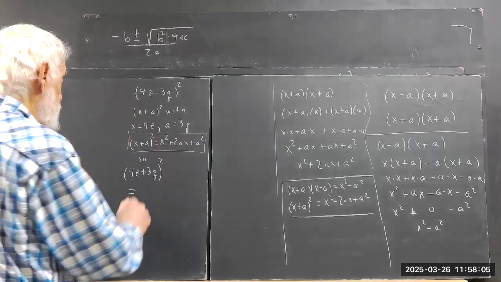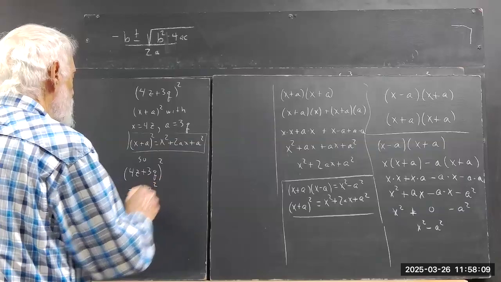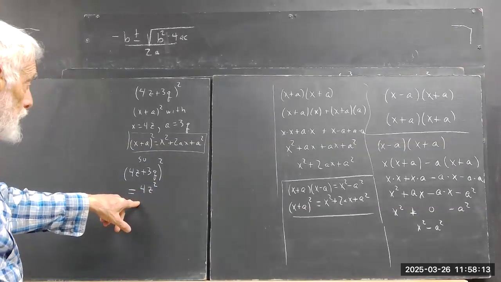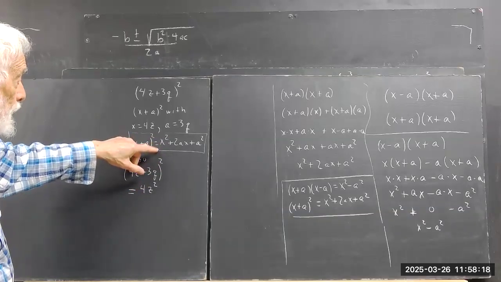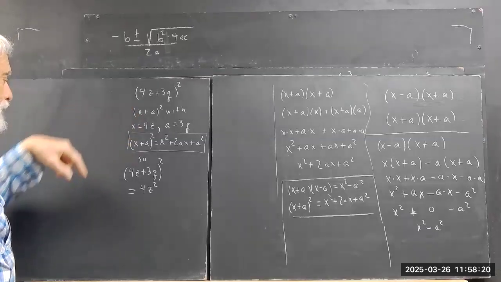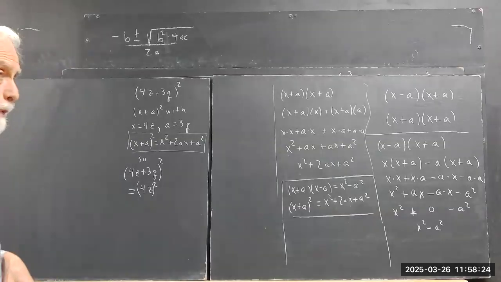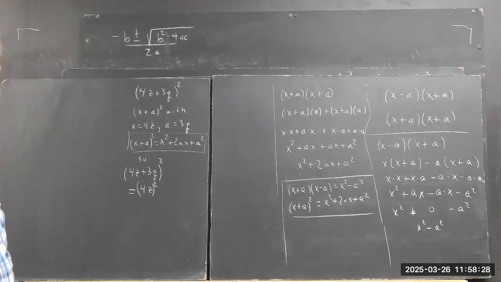So instead of x, I write 4z to the square. Now that's not quite right because x is getting squared. Whatever I replaced x by has got to be squared, and that means I've got to square the whole 4z. So I've got to put parentheses around that or I'm going to end up with the wrong expression.